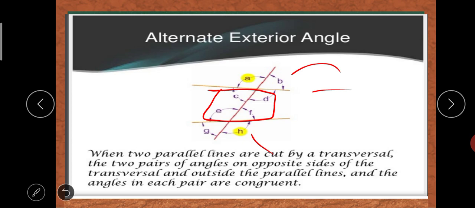When two parallel lines are cut by a transversal, the two pairs of angles on opposite sides of the transversal and outside the parallel lines, and the angles in each pair are congruent. Okay, so which are the alternate exterior angles here? See, A and H are alternate exterior angles. In the same way, B and G are also alternate exterior angles.